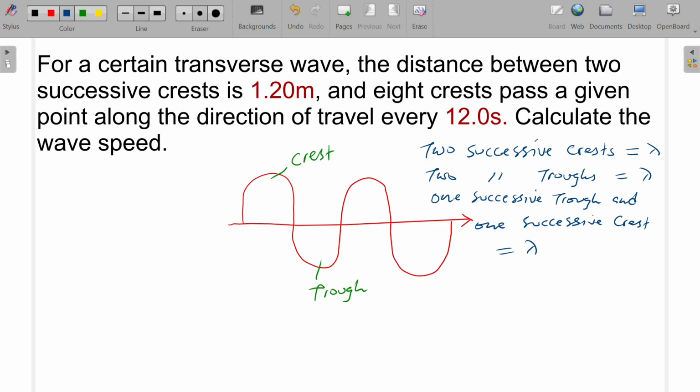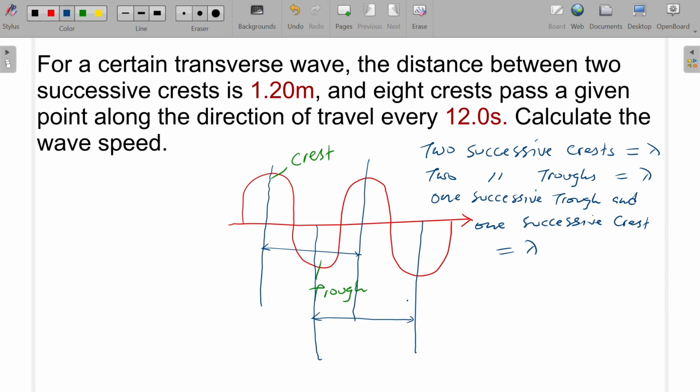So the distance from here up to there is wavelength. This is the distance between two successive crests. And also the distance from this point here to that point there is also wavelength.